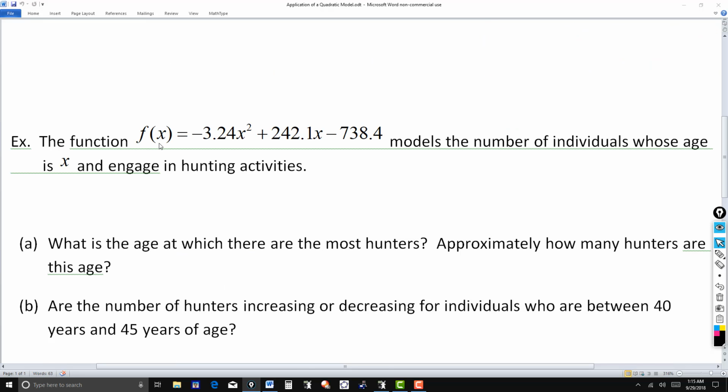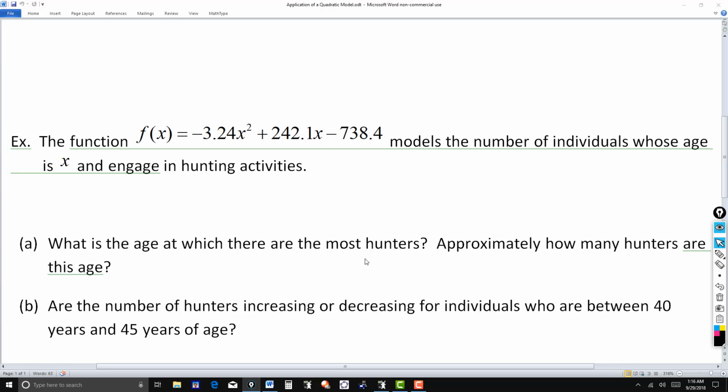It says the function f of x is equal to, okay, there you have it, models the number of individuals whose age is x and engage in hunting activities. So x represents the age, and f of x represents the number of hunters. This one says, what is the age at which there are the most hunters? Okay, so basically it's asking you to find the vertex.